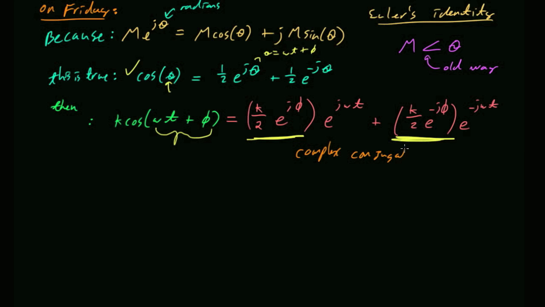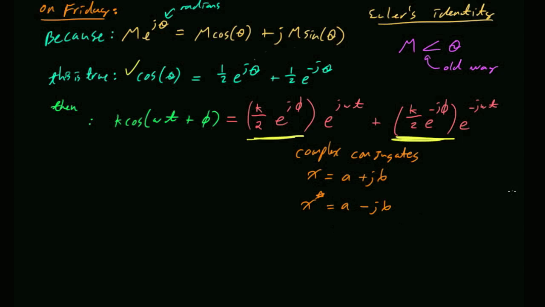Just to remind you, if you've got x equals a plus jb, its complex conjugate x star, in rectangular form, is going to have the same real part but opposite imaginary part.